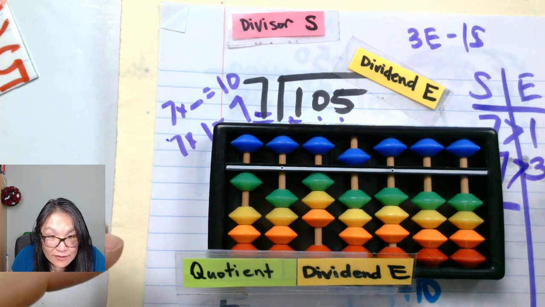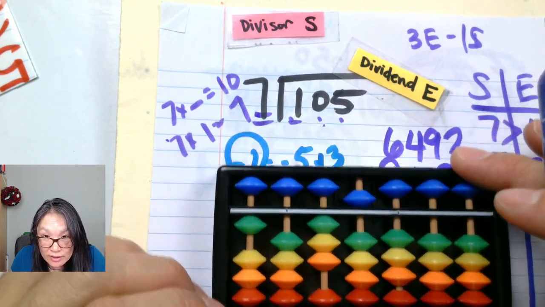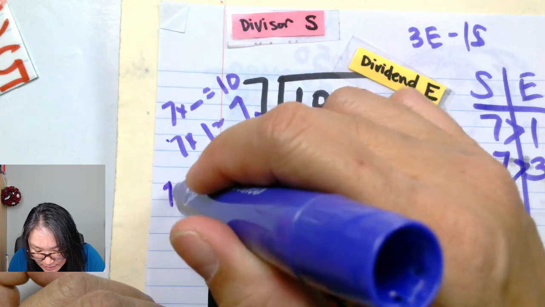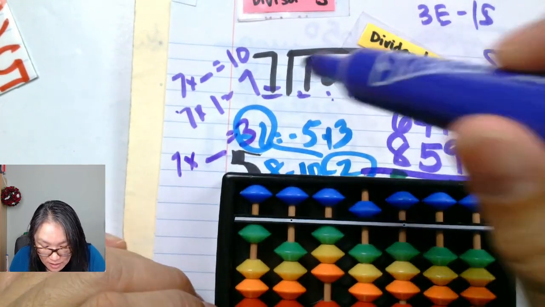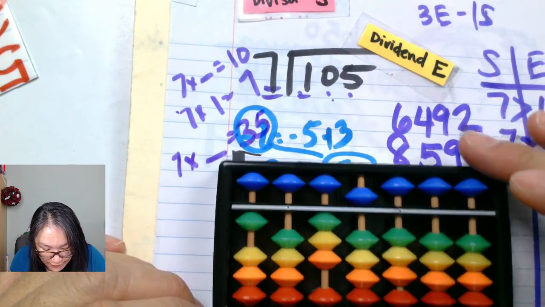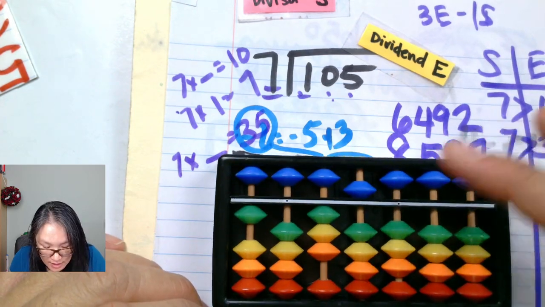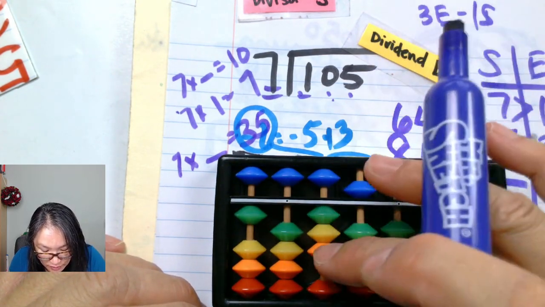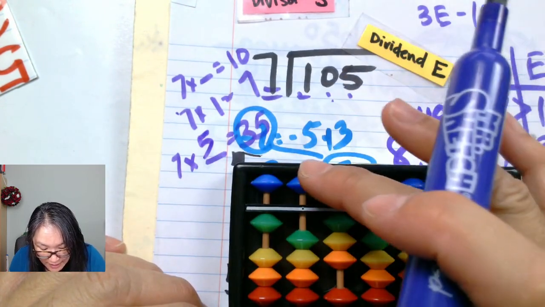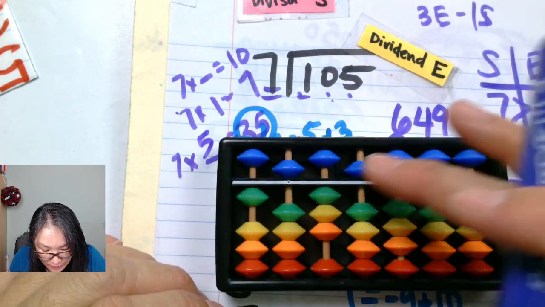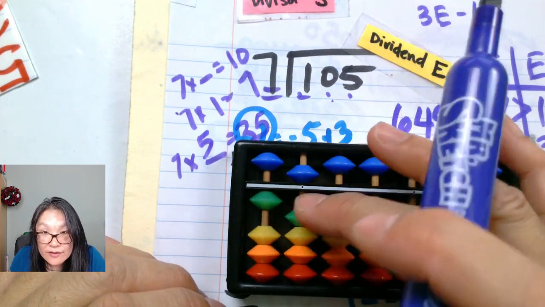My divisor is bigger. So what's the question? It cannot be 7 times what is equal to 3. It has to be 35. 7 times what is equal to 35 or less? 7 times 5, I add my 5. I take away 30, I take away 5. So my final answer is 15.